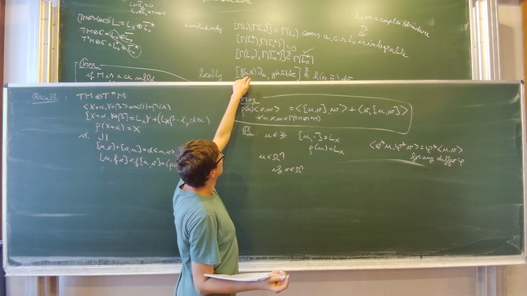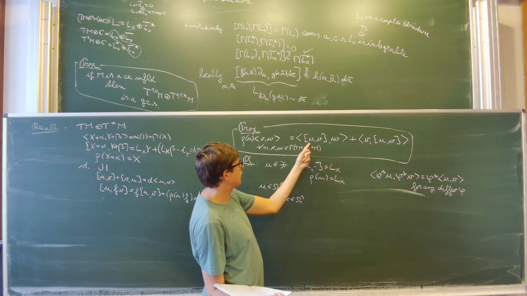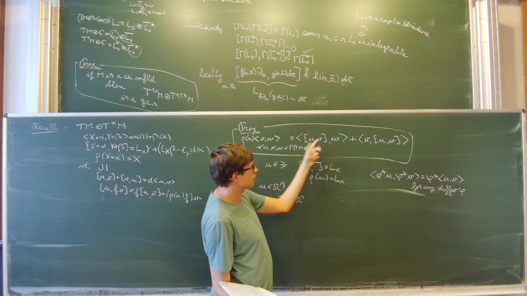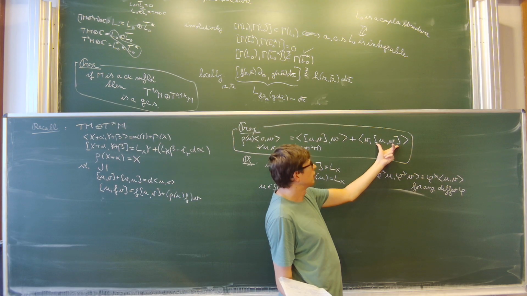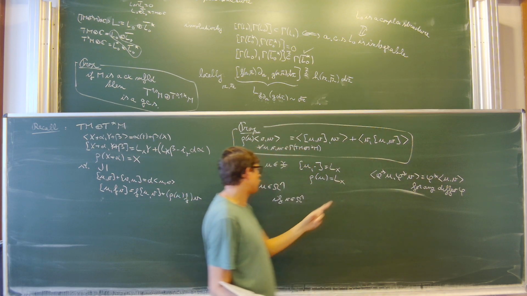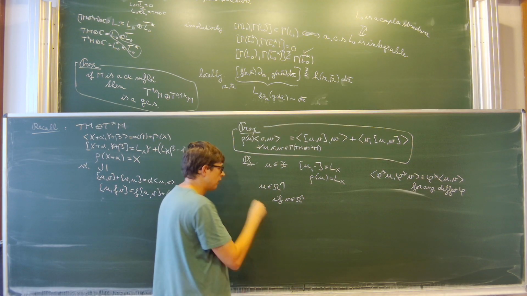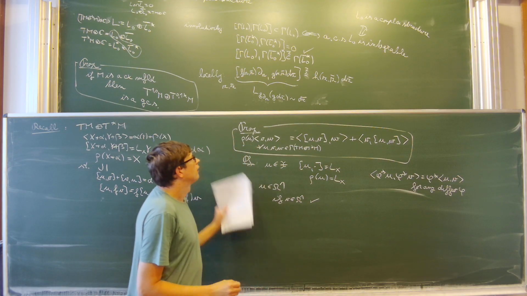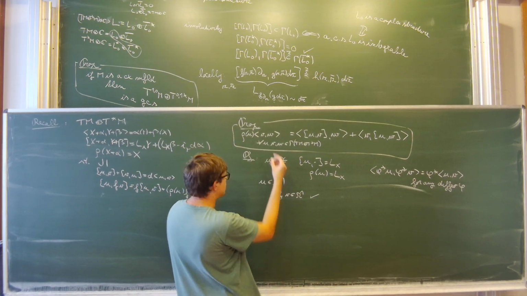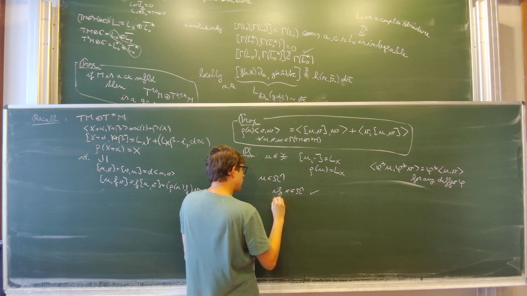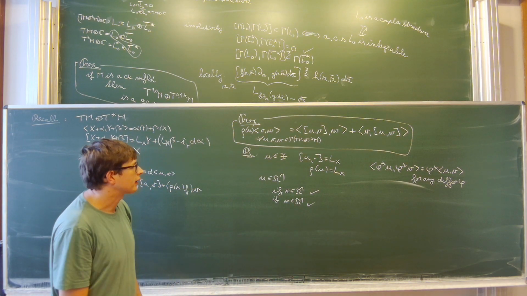Remember this part is 0, it remains to check this one. If V is a one form, then here we have a bracket of a one form and a one form, which is 0. In here we have a bracket of a one form with something, which has to be a one form, or 0. But a one form is orthogonal to a one form. So that's the argument by grading as before, that this is trivially satisfied because those things are 0. And because of the symmetry in W, the same is true for W. So if W is in omega 1, that goes automatically.